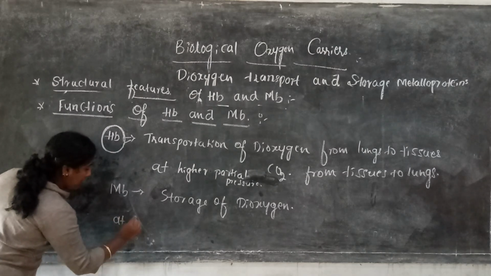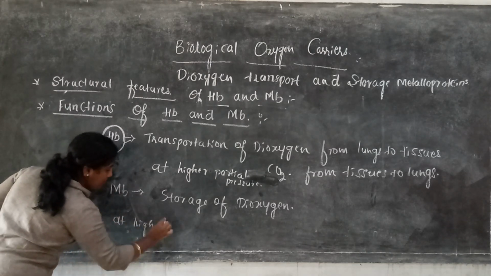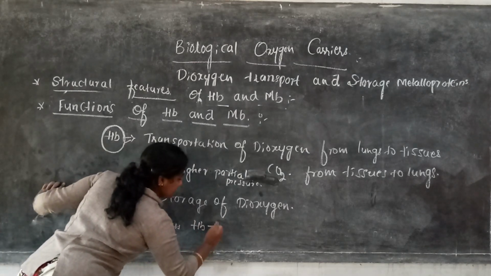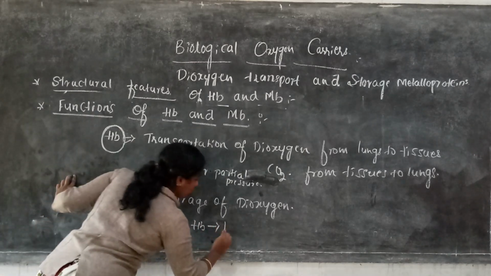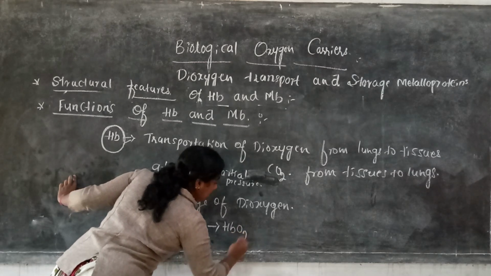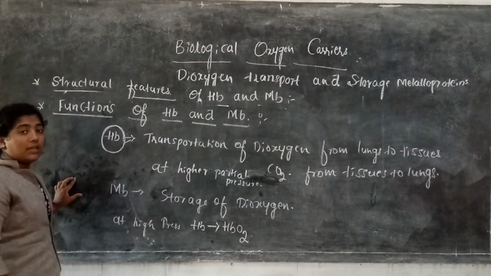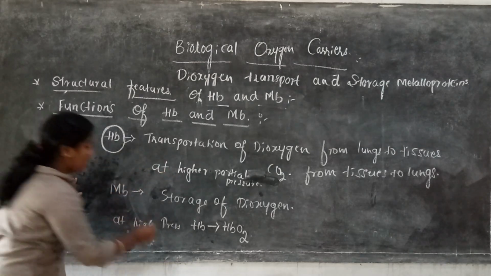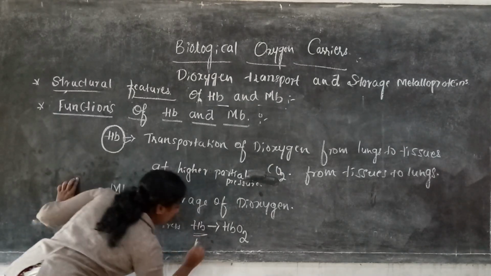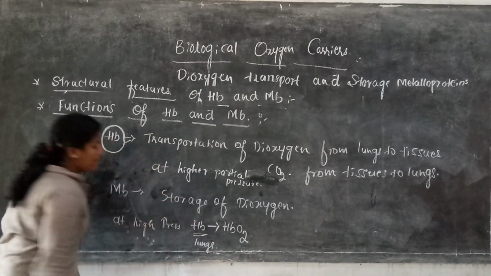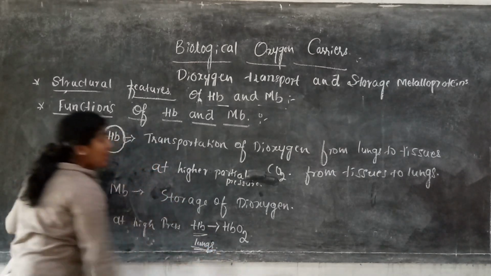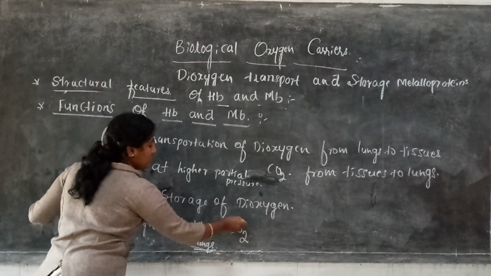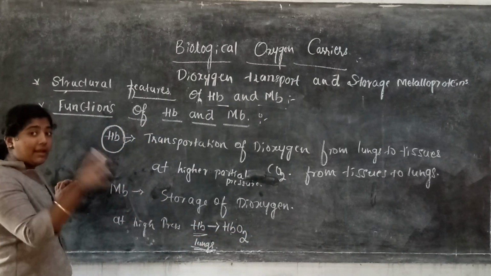At high pressure, Hb is converted to HbO2, which means it binds the dioxygen. The Hb is first in the lungs, where the partial pressure is high, so it binds the oxygen.